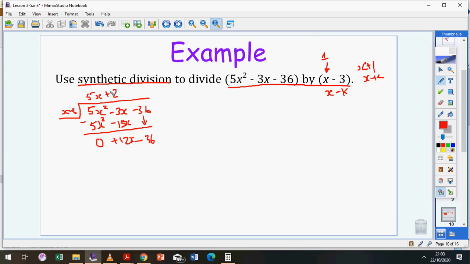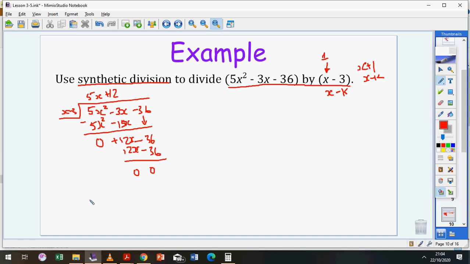Now I've just divided, and again I'm going to multiply 12 times x, and I get 12x. So it looks like again a redundant step. And then 12 times negative 3 is negative 36. Then I'll subtract and get a remainder of 0.